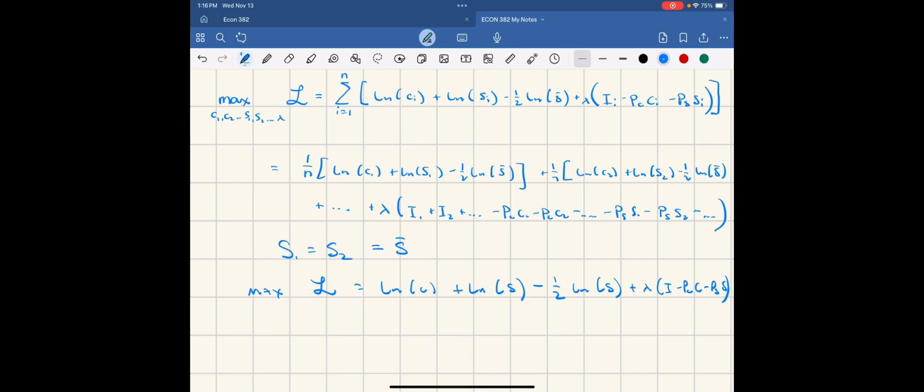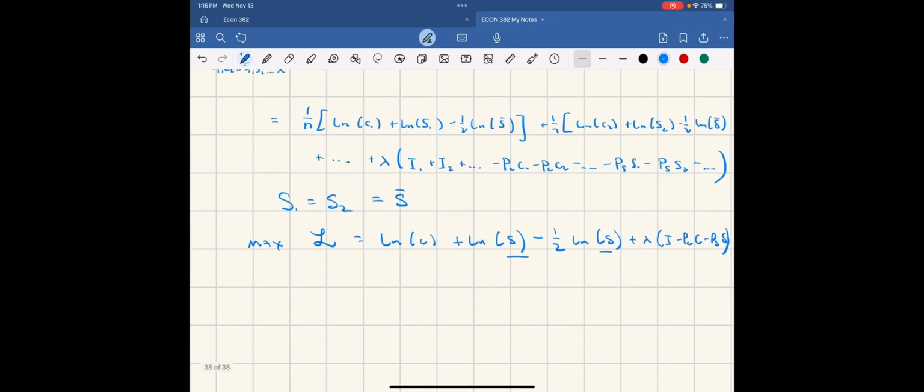And now since we have this S and this S the same, we will then get log C plus 1/2 log of S plus our budget constraint.